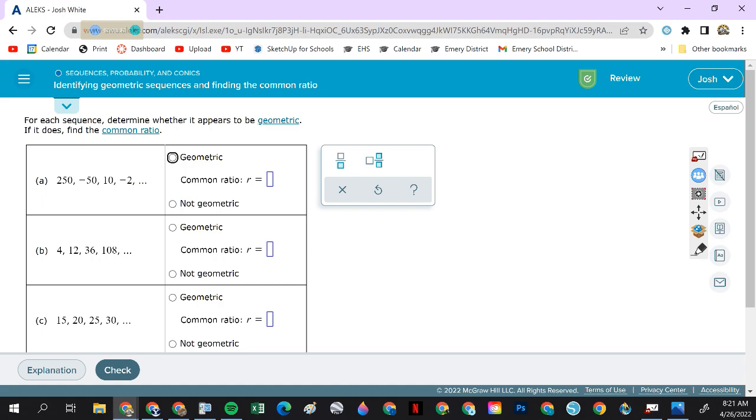So yes, this one's geometric. What about B? 4 times 3 is 12, 12 times 3 is 36, 36 times 3 is 108, so yes. What about 15, 20, 25, 30? That is add 5. That one is arithmetic, so we click the not geometric button.